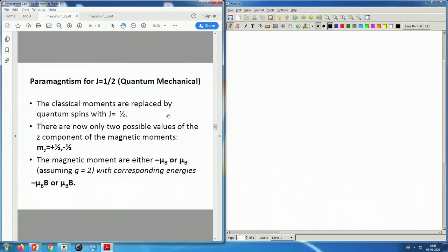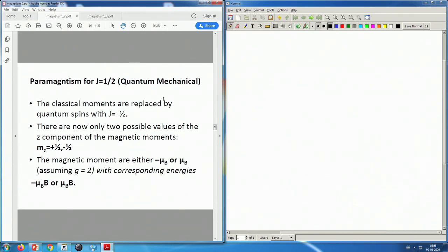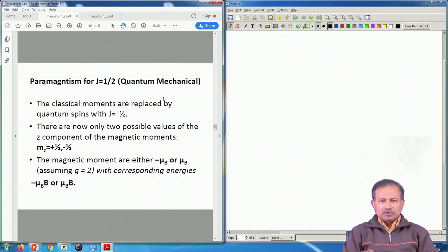As I said, there are classical descriptions available, which as the Bohr-van Leeuwen theorem tells us are not kosher, and we will not get into that. We will just do what we do normally in any quantum description, and since it is at finite temperature, we will do the calculation using statistical mechanics, because there are a large number of moments, although the moments are all independent.